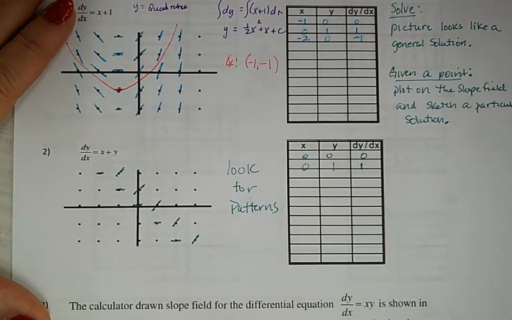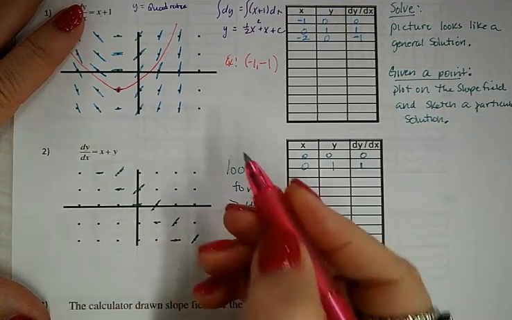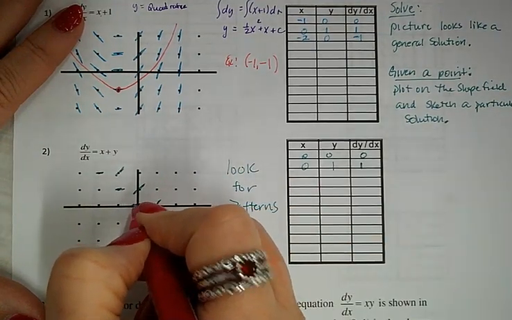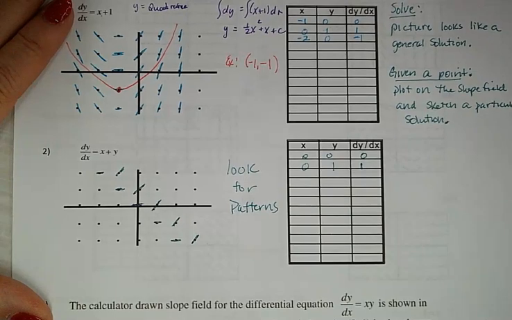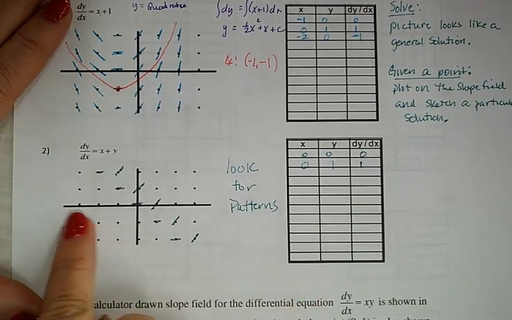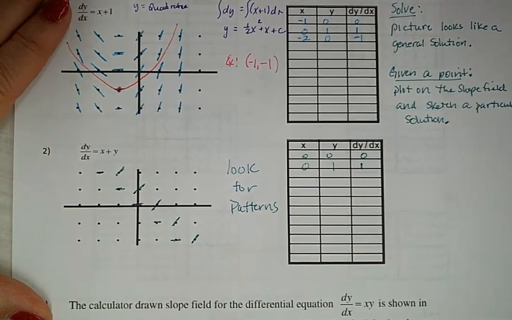The other thing I want to caution you about is if you have a horizontal tangent line on the x-axis, it's kind of hard to see because it can blend in with the axis. So be really careful and always double check the horizontal tangent lines on the x-axis, because if you just glance over it, you might miss it.